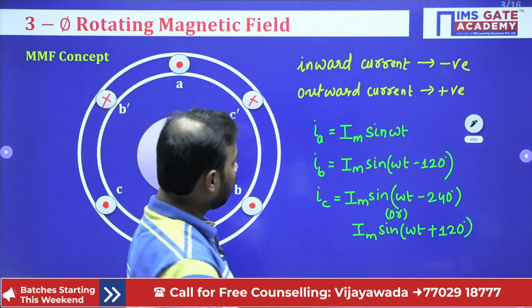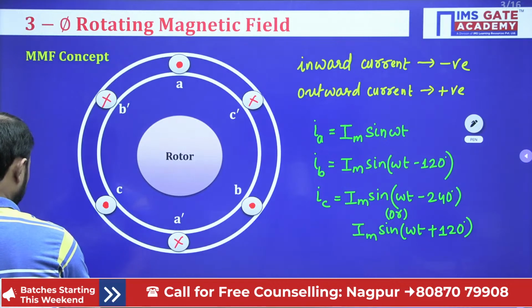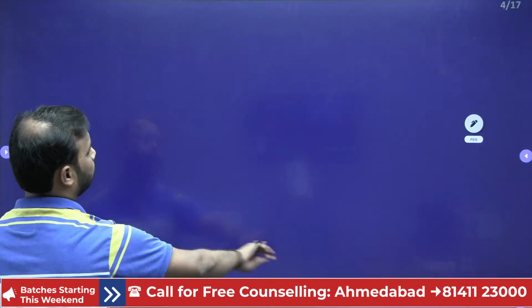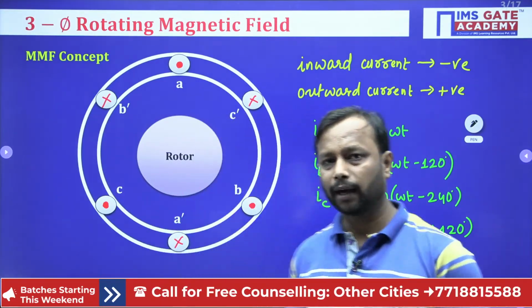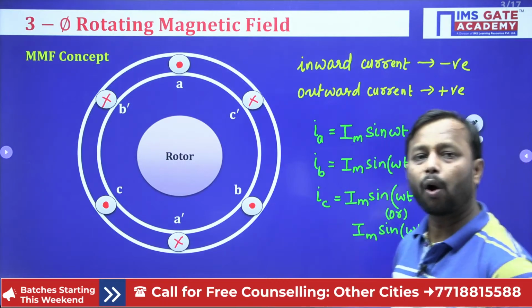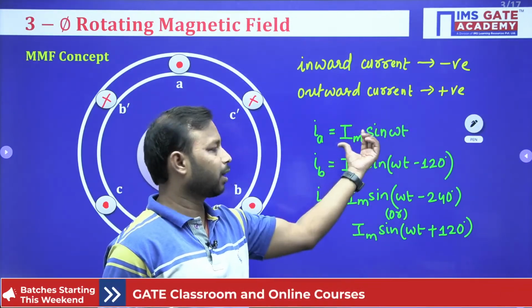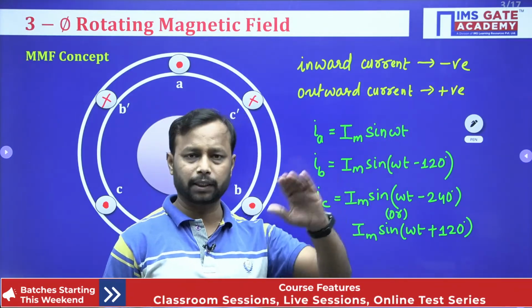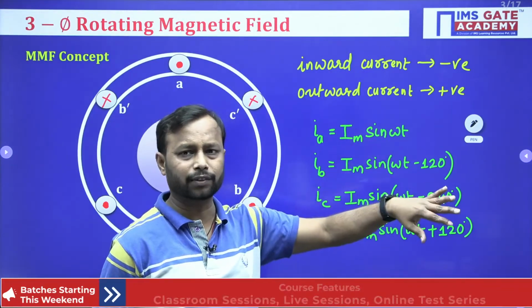Now one thing we should know here, let me add a page. Okay, one thing we should know here, that the current here is what? Alternating current. For some cycle the current will be positive IA current, and basically for the half cycle the current will be positive, and for another half cycle the current will be negative.